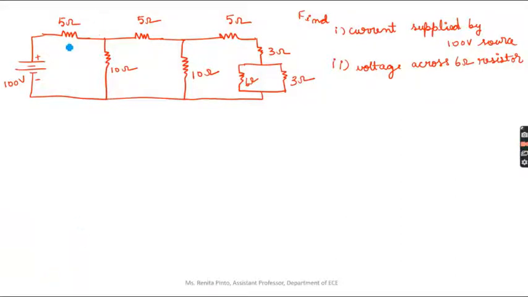So this is the circuit given. First, I'll mark the currents. This can be solved directly using Ohm's law and also by solving for series and parallel resistances. Let me take the main current flowing as I. At this point the current is going to divide, so I'll take this current as I1 and this current as I2.